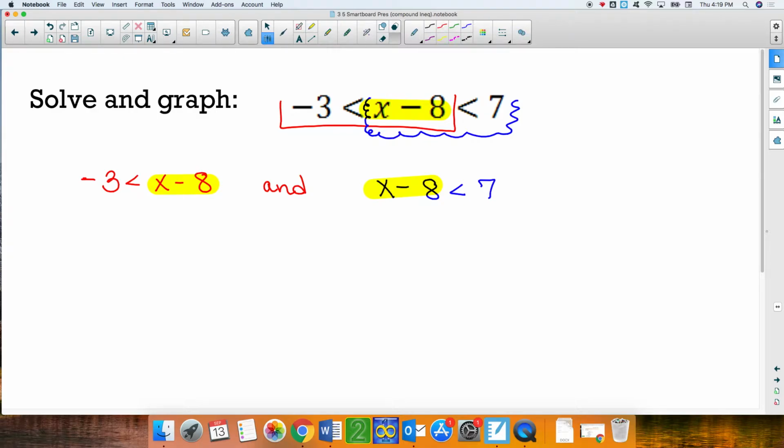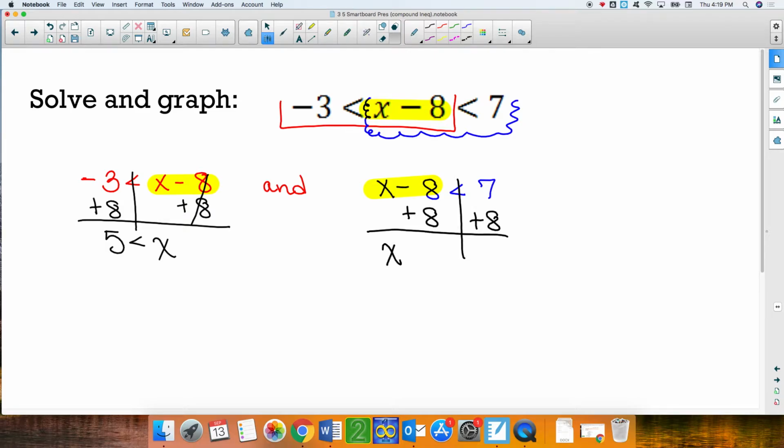Once you've separated them, then you're going to solve like normal. If I'm solving for x, I'm going to add 8 to both sides. Negative 3 plus 8 is 5. Bring down your symbol, bring down your x. And then the next one, to solve for x, again I'm going to add 8 on both sides.